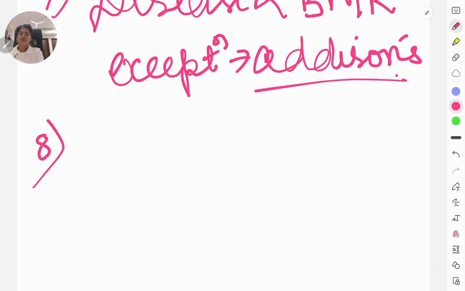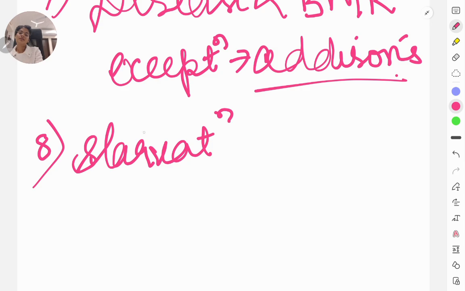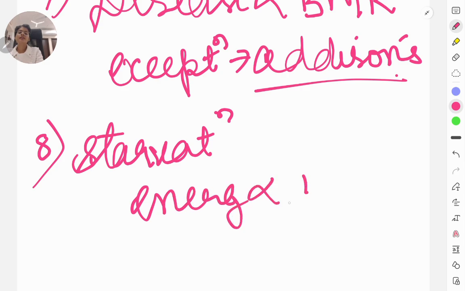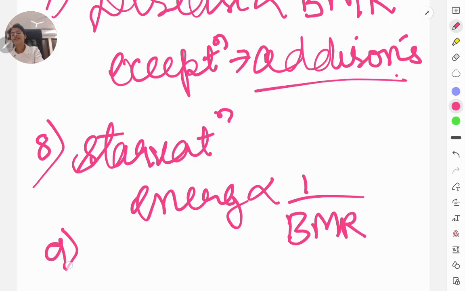Now next is starvation, where things would just get opposite. During starvation, if there is a decreased energy intake, then it would decrease the BMR. Clear? Now as the surface area increases, BMR would increase.